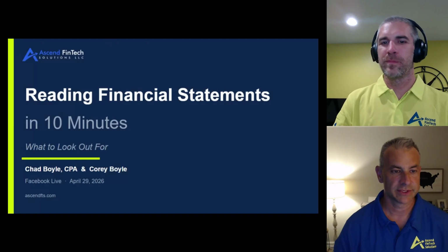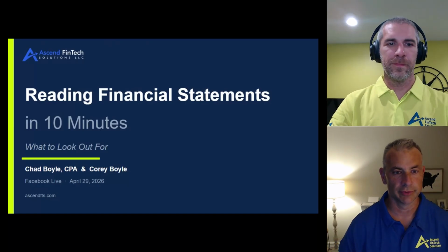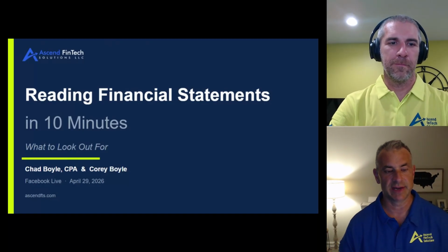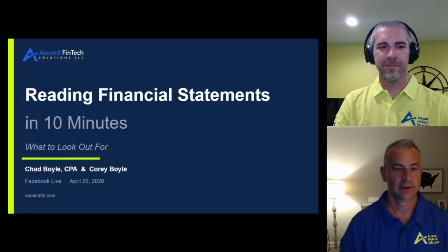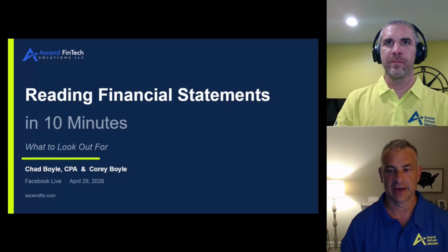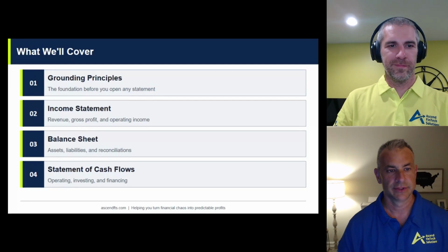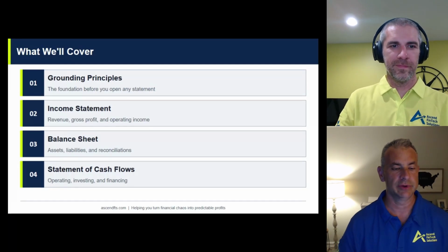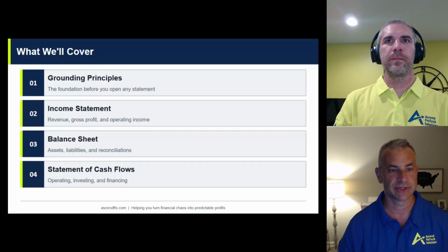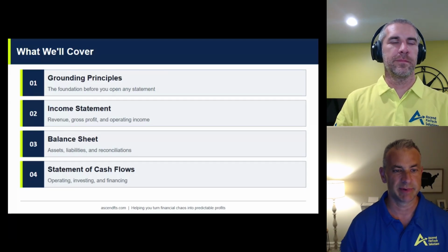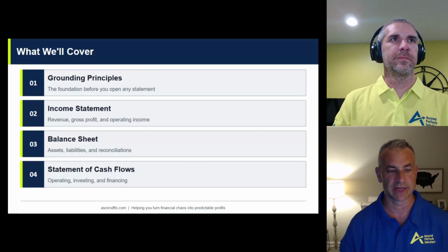All right, everyone. So we're going to go through reading financial statements in 10 minutes, what to look out for. This is a guide on how to read your financial statements. Here's what we want to cover. Before we dive into the financial statements, just a couple grounding principles to keep in mind as you look at them.